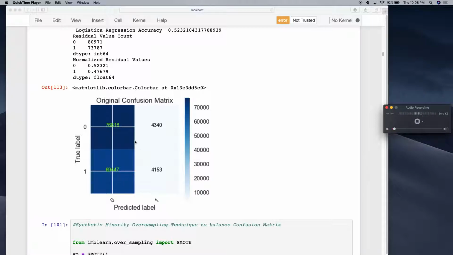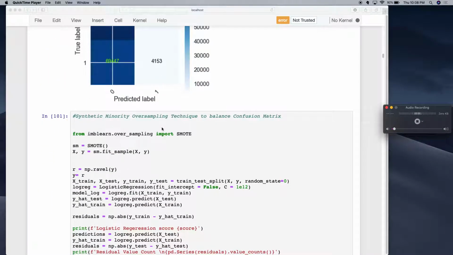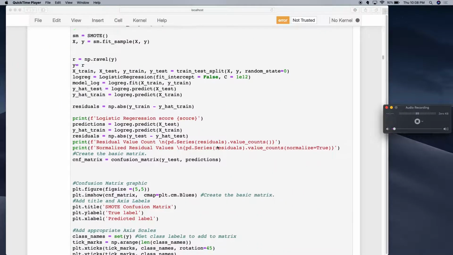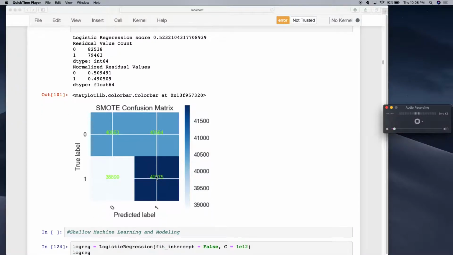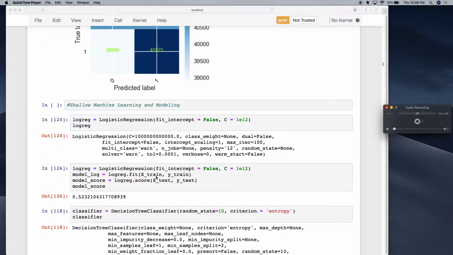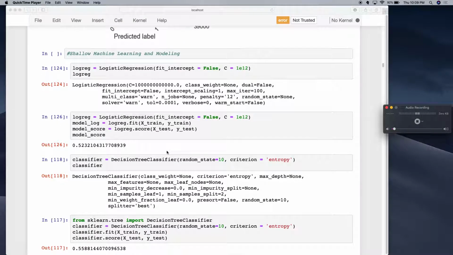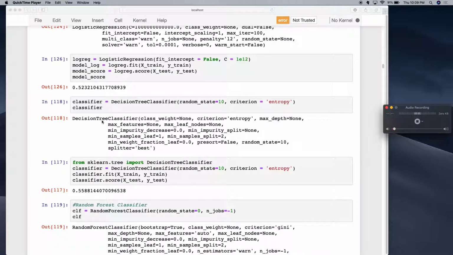So I used the synthetic minority oversampling technique to balance the confusion matrix out and to have a more balanced effect. Because if not, that bias can come back to really upset the accuracies in the future. The logistic regression had around 52% accuracy, and then the other shallow learning models pretty much were about the same, a little bit better.